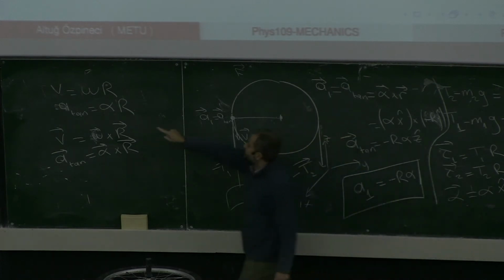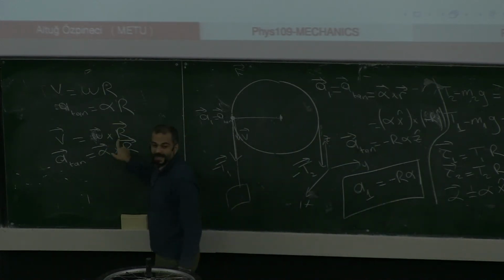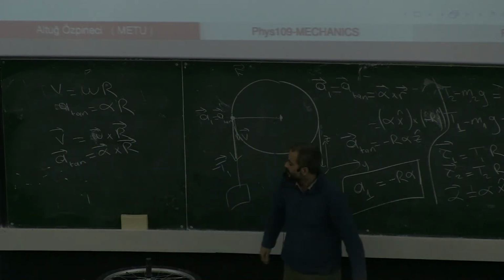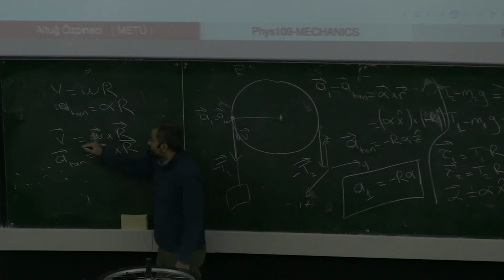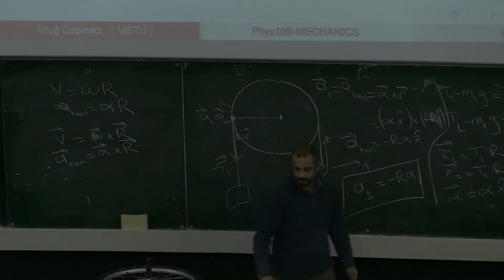So omega cross r has the same magnitude and the same direction as your velocity vector, so the velocity vector can always be written as omega cross r. Then from this one, taking the derivative again, you can obtain this one. This is valid only for the tangential acceleration though.